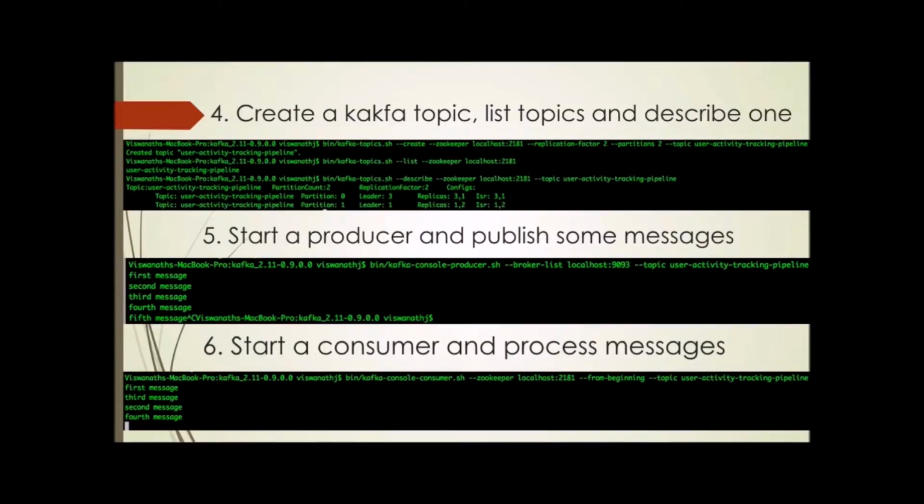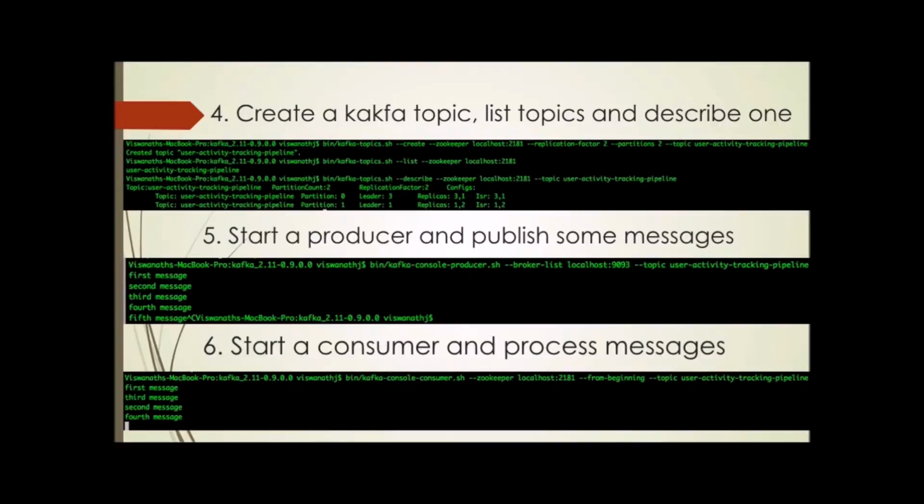Here I'm writing the name of my topic, and I'm just pointing to zookeeper. Apart from pointing to zookeeper, the producer doesn't specify anything. It connects to the zookeeper instance, and I point it to this particular user activity pipeline topic.